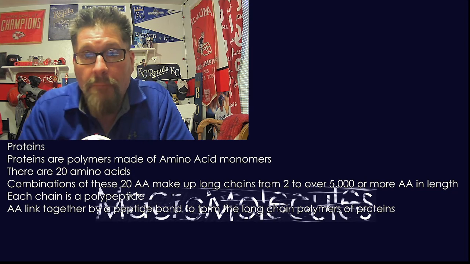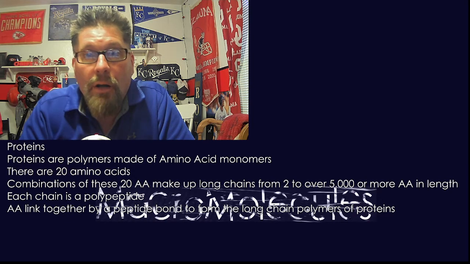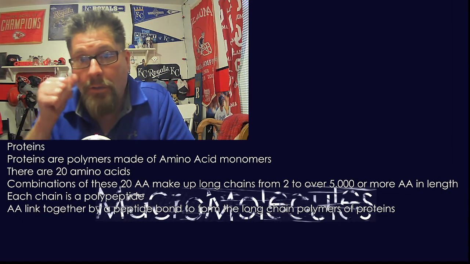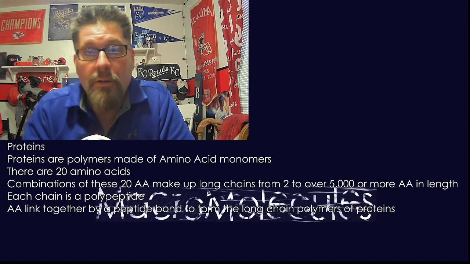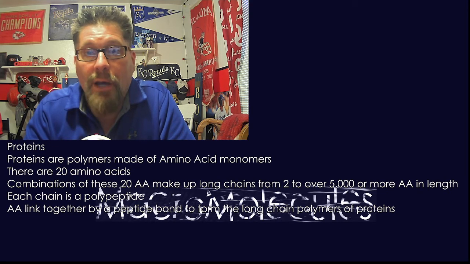It's getting it done. Now, proteins are polymers, as all these macromolecules are. And just remember that their monomer is amino acids. We're going to put together a long chain of amino acids to form a protein. And there are 20 major amino acids, 10 of them that are essential that you just have to have.